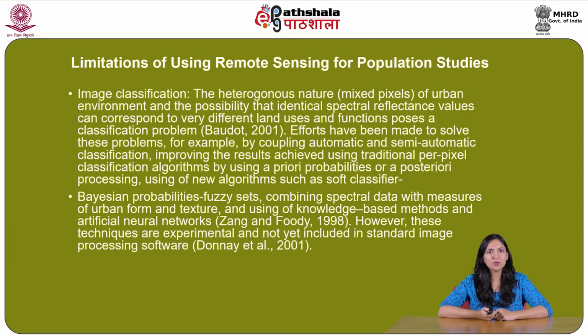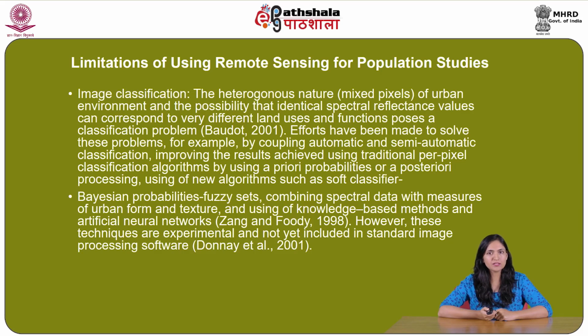Now we will discuss image classification. The heterogeneous nature, which means mixed pixels, of the urban environment, and the possibility that identical spectral reflectance values can correspond to very different land uses and functions pose a classification problem.